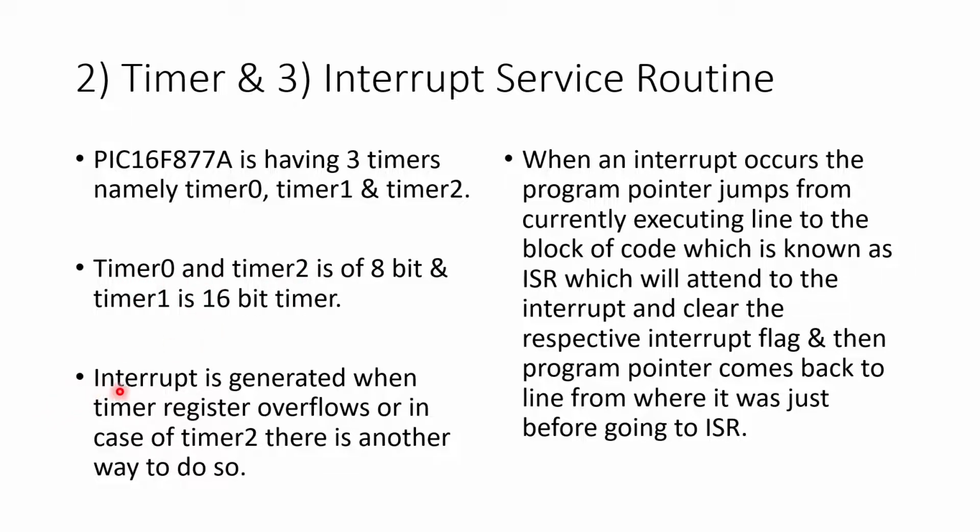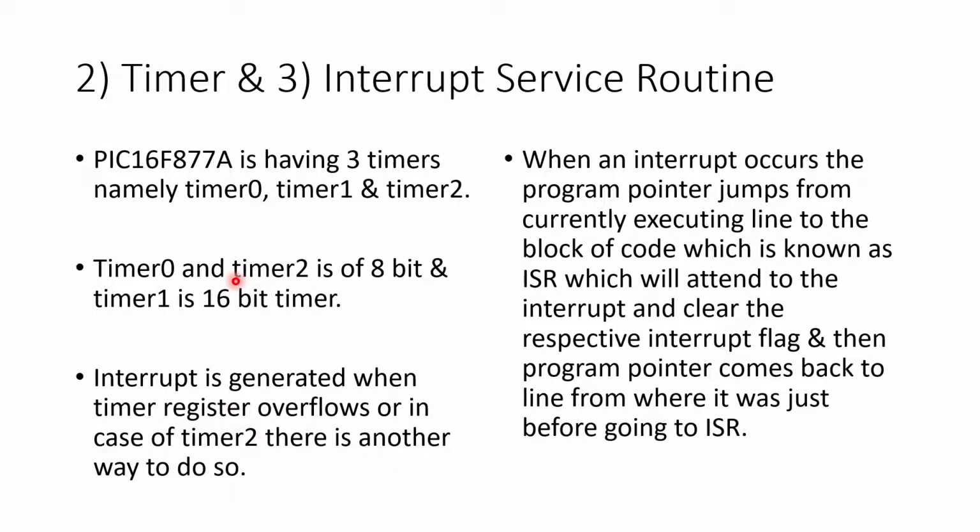Now let's see what an interrupt is. An interrupt is a signal given to the microcontroller's main processor that something needs its attention right away. A timer can generate an interrupt by overflowing the width of its register.